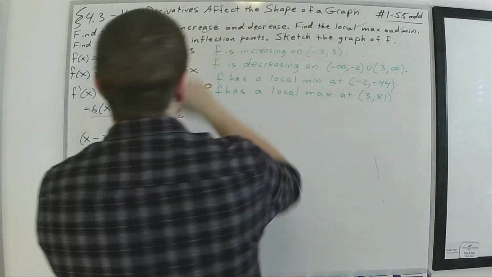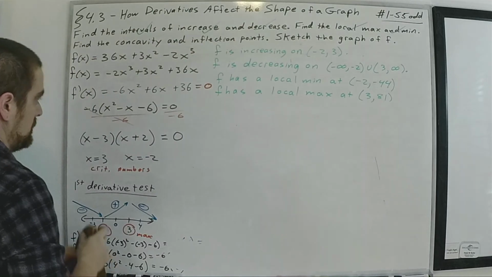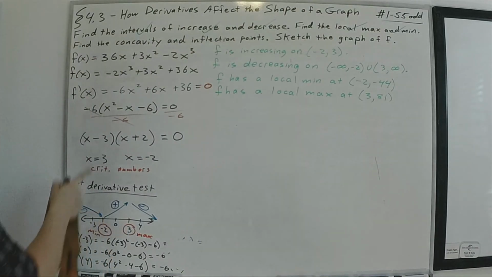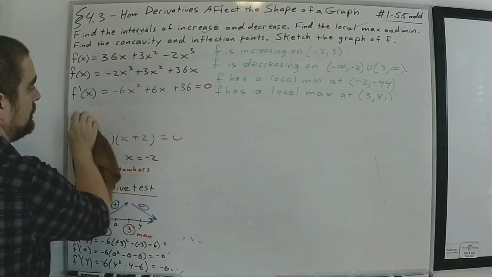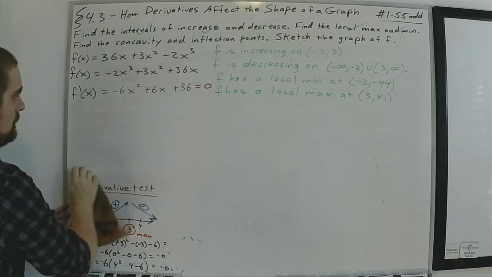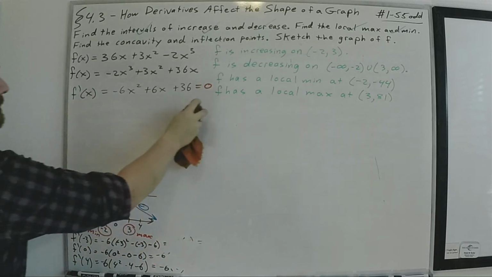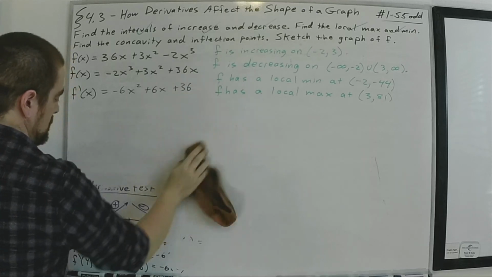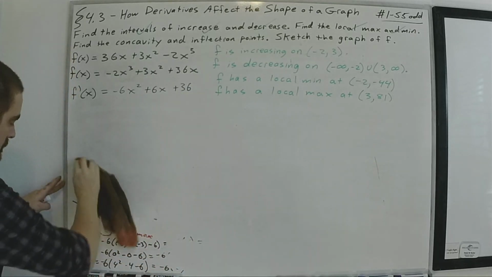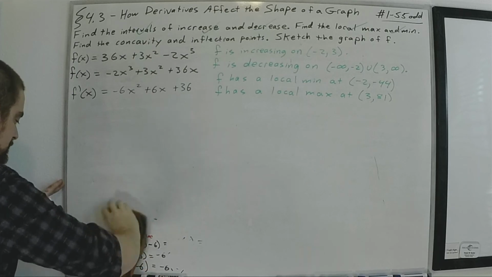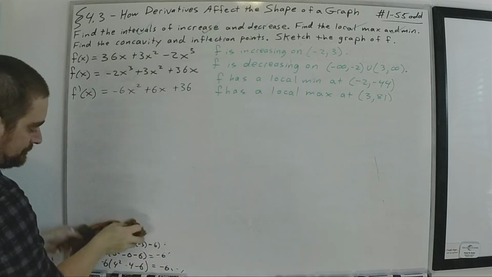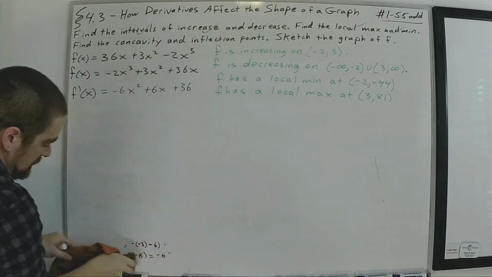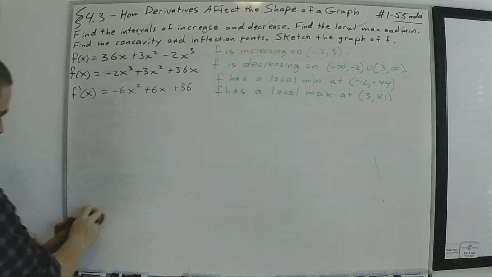So now we need to move on to the concavity and the inflection points. So I'm going to keep that first derivative there. There was our first derivative. I'm going to take away the equal 0 because we're done with critical numbers. And I'm going to use that first derivative to get my second derivative to see if I can pick up some inflection points and talk about concavity.